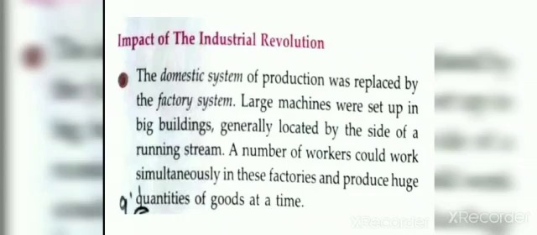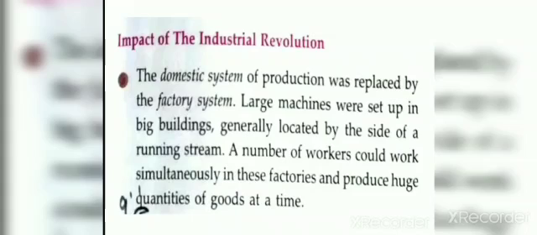A number of workers could work simultaneously in these factories and produce huge quantities of goods at a time. So with the help of the factories, the quantity of goods produced was larger.